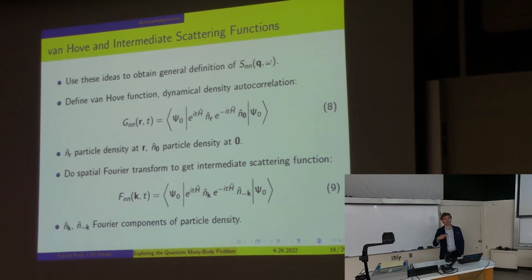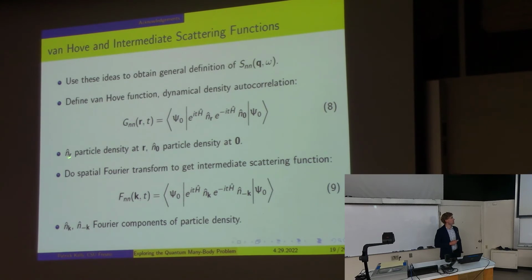Its intuitive interpretation is the number of particles at point r and time t, given that there was a particle at the origin of your coordinate system, so at point 0, at the time your experiment started, so at time 0. I don't know if that was useful or not, but that's the intuitive meaning the book I read gave for it.